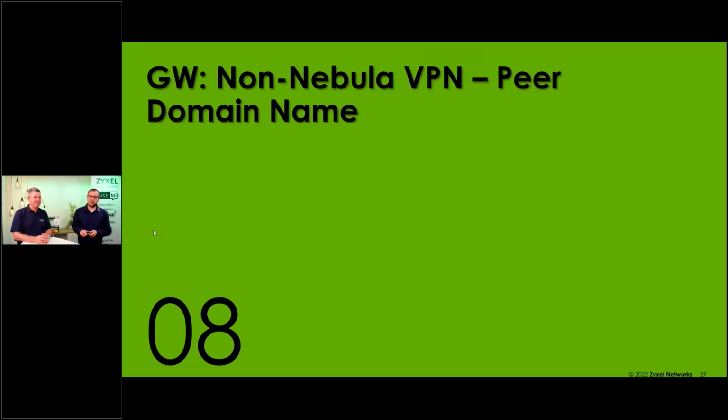Yes, and that would be the non-Nebula VPN peer with a domain name or DNS. That was previously not possible at all in Nebula with a non-Nebula VPN peer, which meant that if you, for example, had let's say a remote site where there was a 4G or 5G WAN with a non-fixed IP address, you basically would have had to go in day by day and change the WAN IP for the non-Nebula peer.